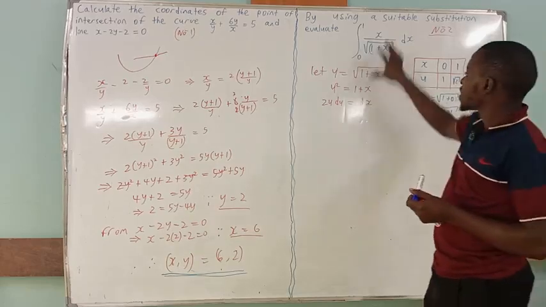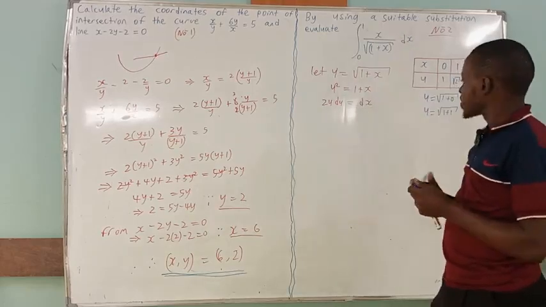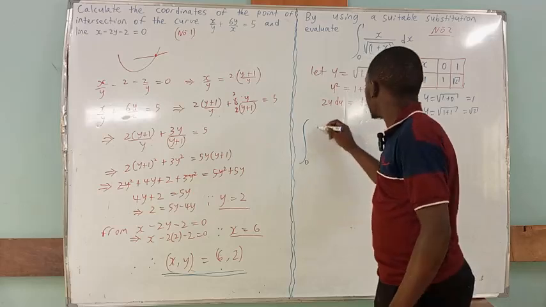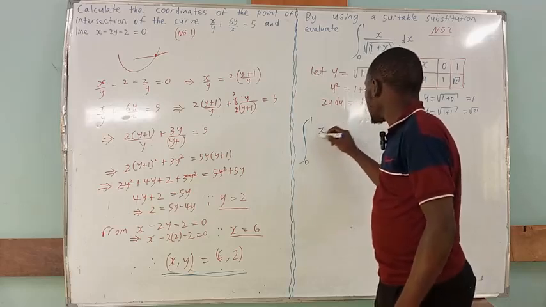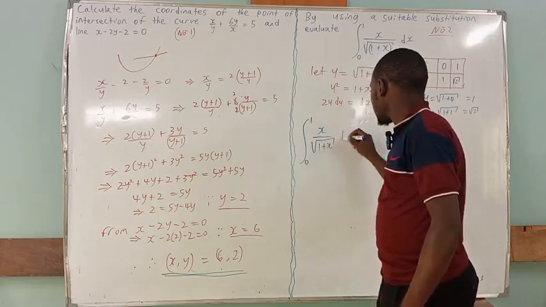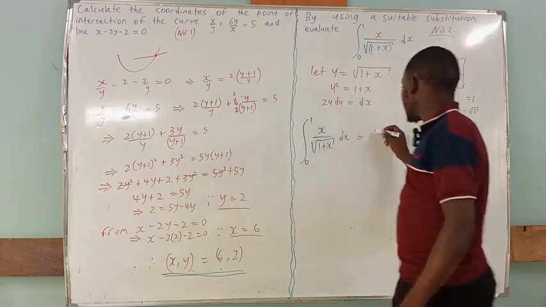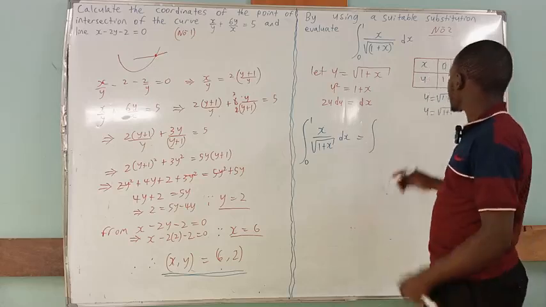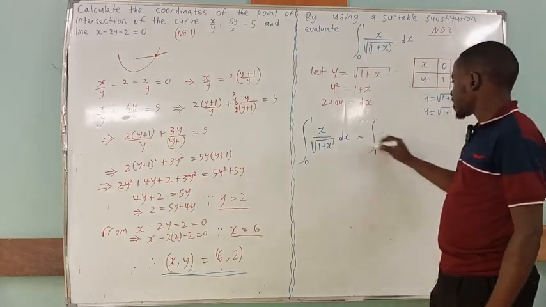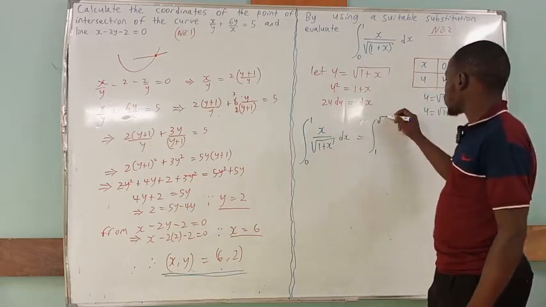Then we substitute back everything here. So we are going to get, therefore, the integral from 0 to 1 of x over root of 1 plus x dx. It becomes the integral from 0 becoming 1, then 1 becoming root of 2.